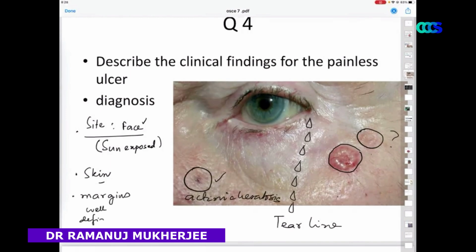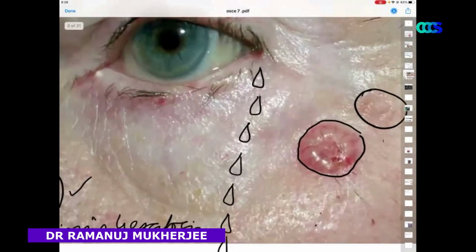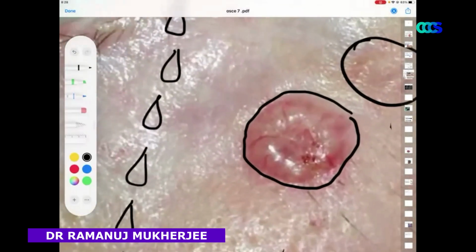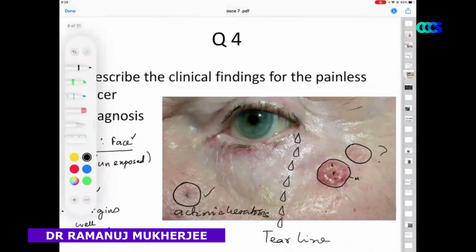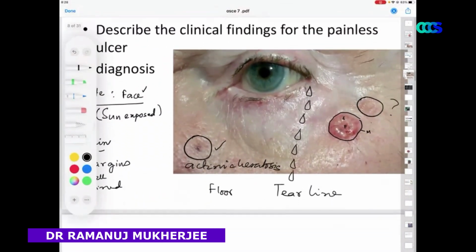Okay, agreed on that. What about the floor? Remember that if this is the margin, this is the floor. The floor is essentially smooth, with little areas of ulceration.